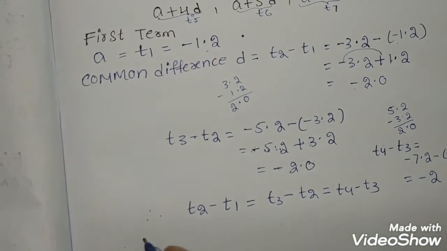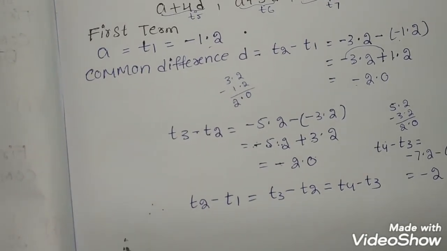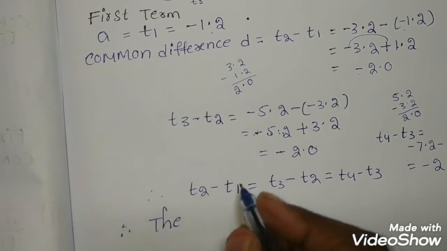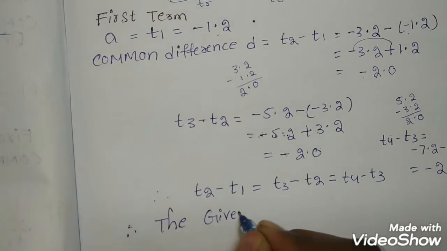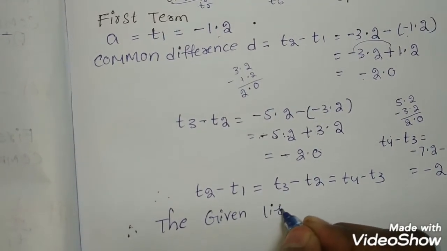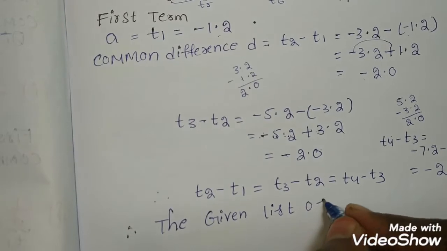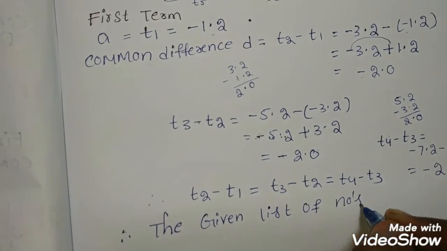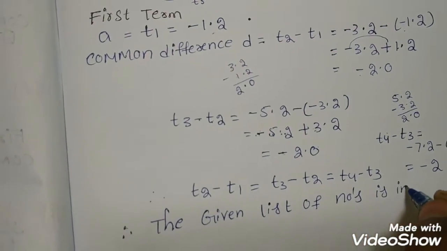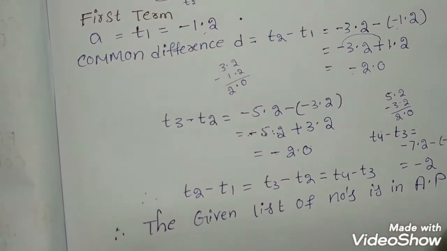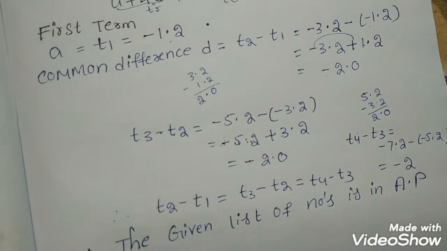Therefore, you have to write, therefore the given list of numbers is in arithmetic progression. You have to write the full form, arithmetic progression.